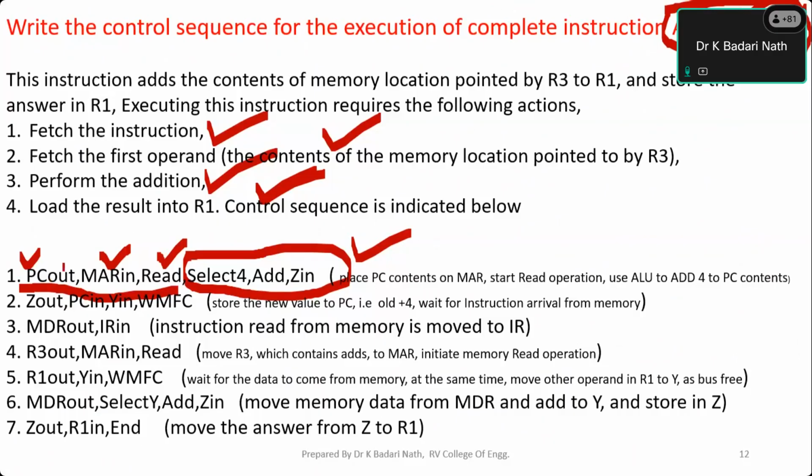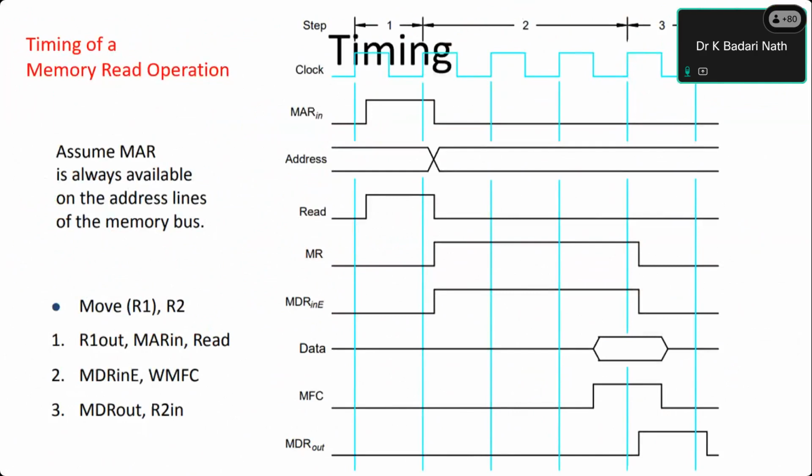So the PC which is on the bus will automatically be there at the ALU as one of the operands. Now, when I say select 4, the multiplexer connected to the ALU operand enables the 4 to come to the ALU. Now I will initiate a signal called add to the ALU. Then as soon as the addition is done, I want to keep it in Z in. So I'll explain this with reference to the diagram.